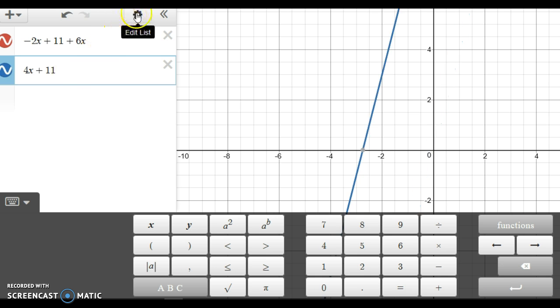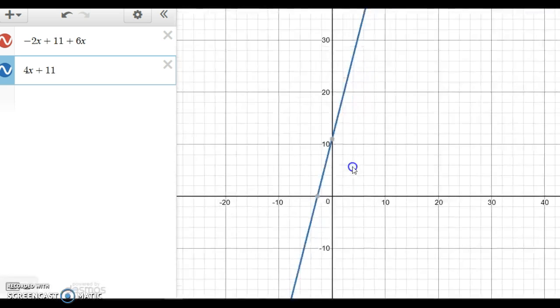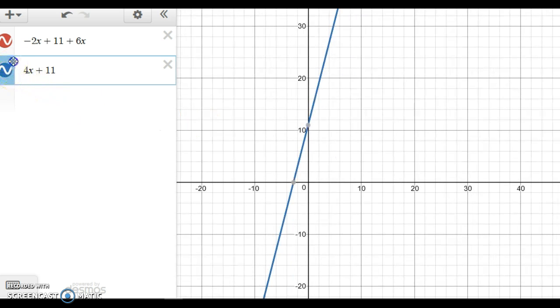And for each of these, we can see that the line ends up being in the same place on the graph. If I turn one off and on, you can see the lines produce exactly the same output for every x input.